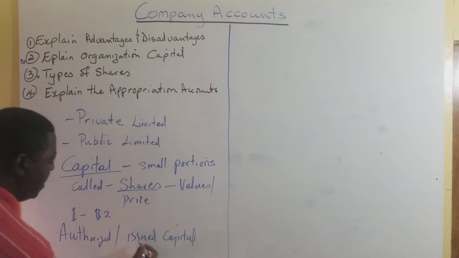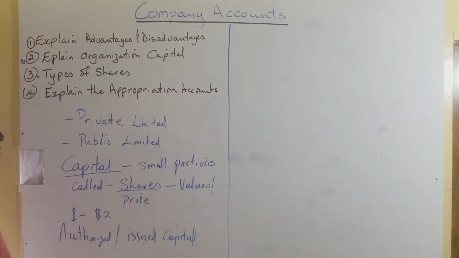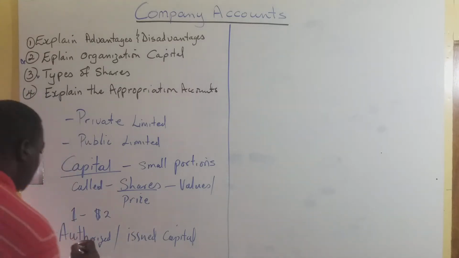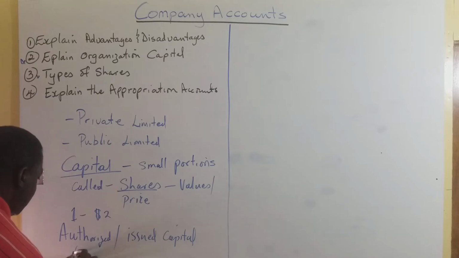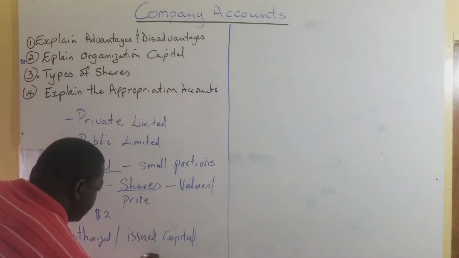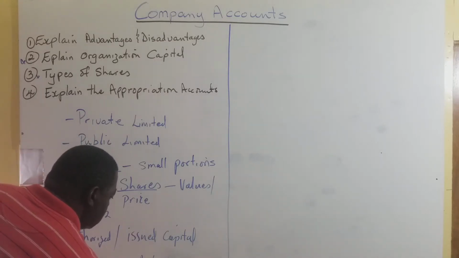And you have the issued share capital. While authorized speaks to the maximum amount, the issued speaks to the actual.